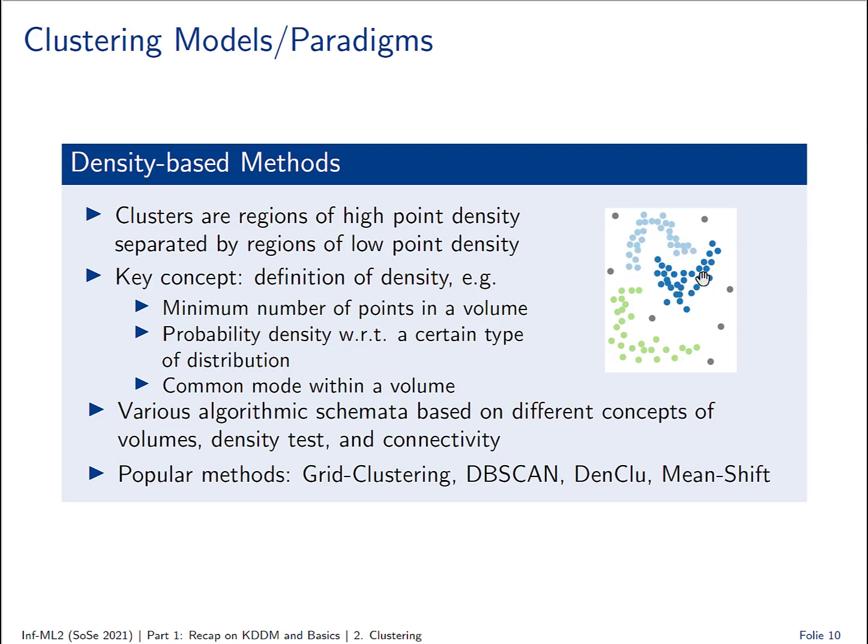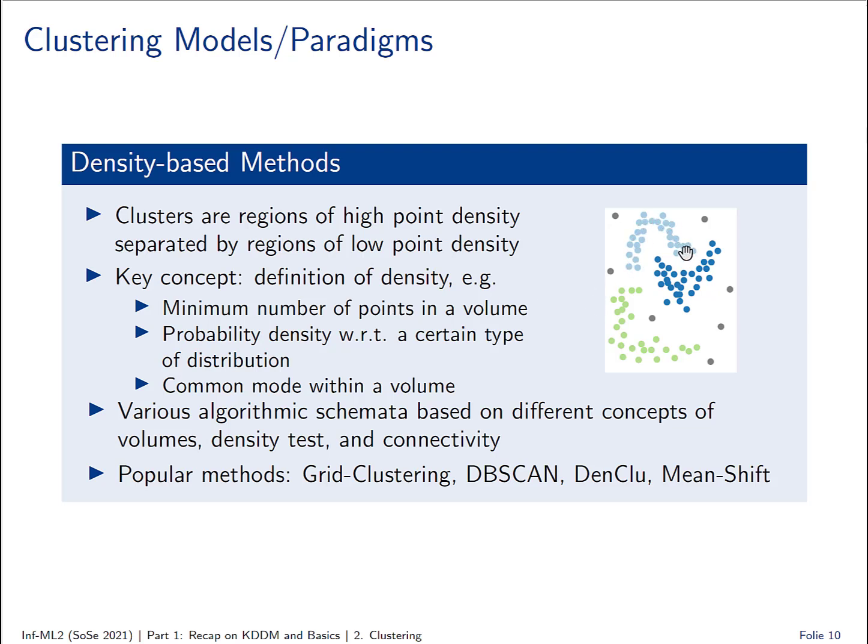And also the dark blue ones and the green ones, this is a dense area, and these clusters are separated from each other and also from these gray points, which are noise points, by regions where the density is very low. So in between here is no point, so the density is low in this region, and the same holds true here and here and so on. Yeah. So the key concept obviously is the definition of density.